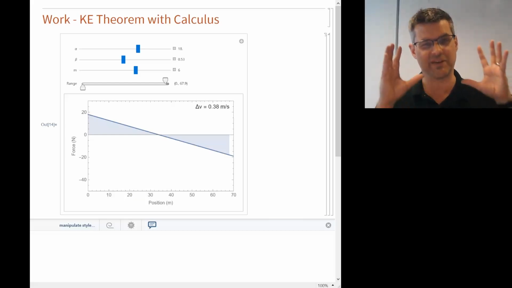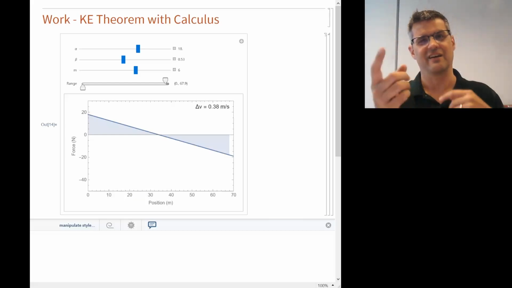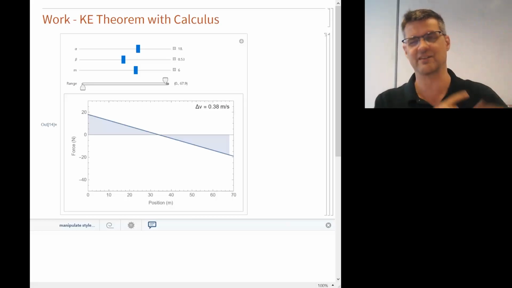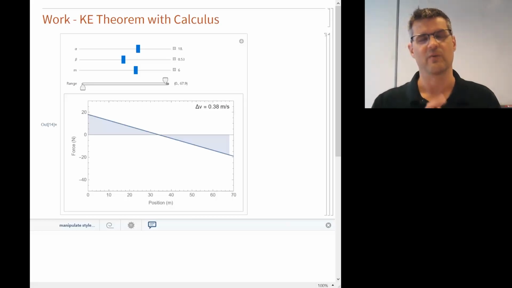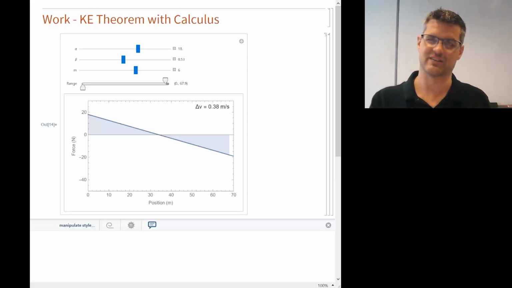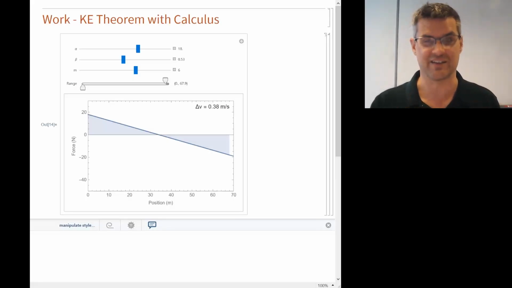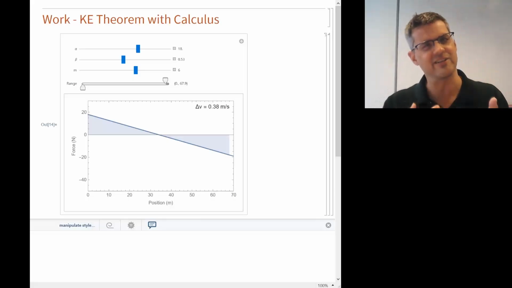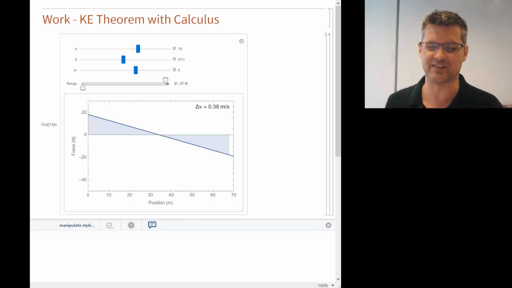Now all of a sudden, because all that energy is there, it can start to swap into different sorts of forms. What's important is not what the potential energy is, it's how the potential energy changes. It's not necessarily what the kinetic energy is. It's how the kinetic energy changes. Those are the things that are important.